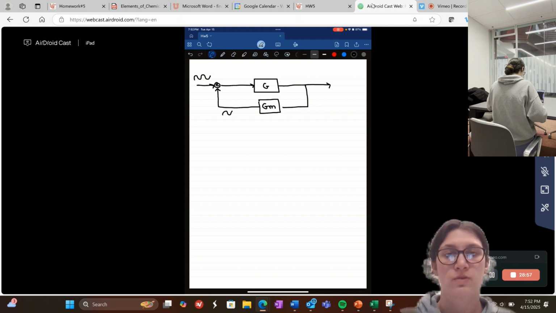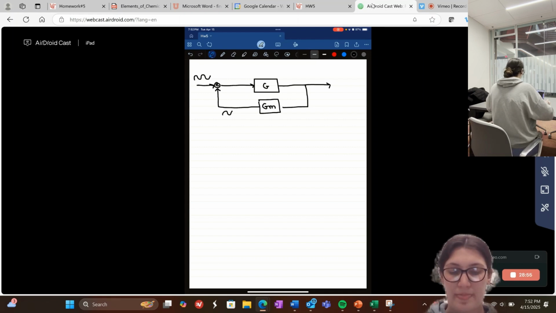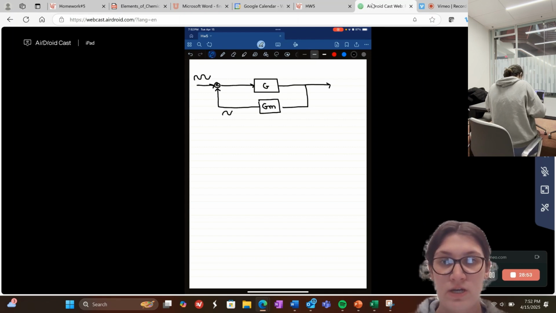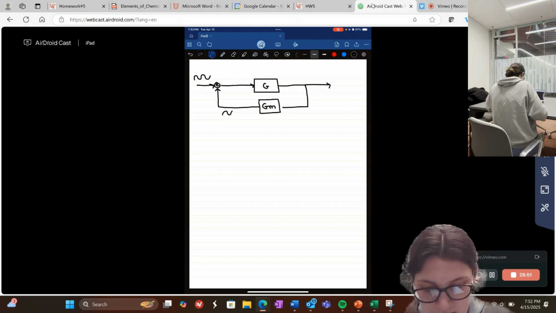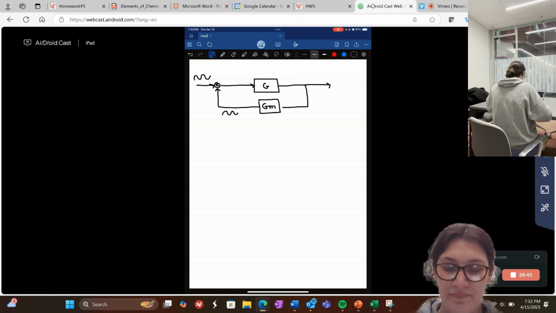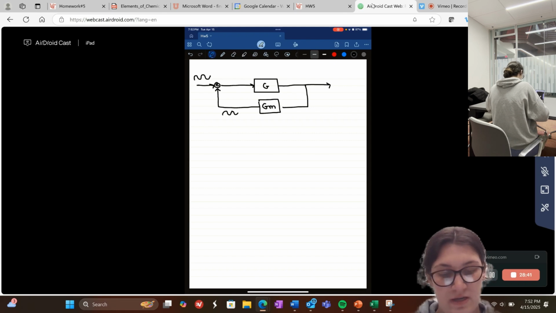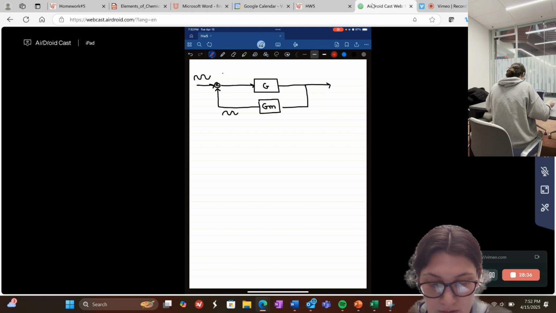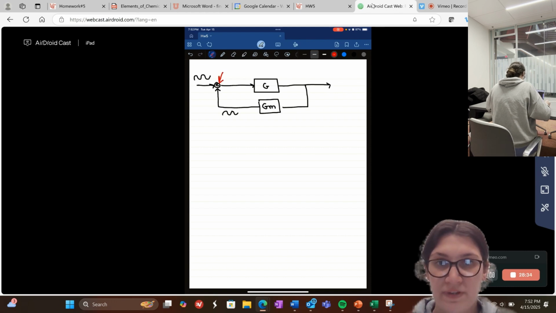Now what happens when we are at 180 degrees is that the signal's sign gets flipped. So it's a mirror image of what it should be. And this causes the signal to be negated when it's compared right here.